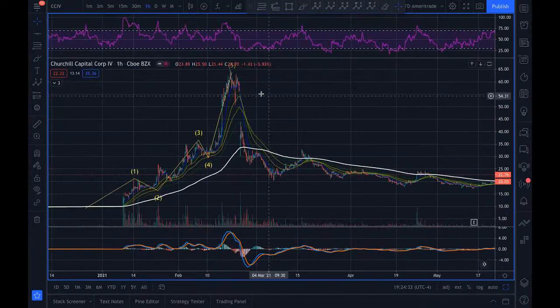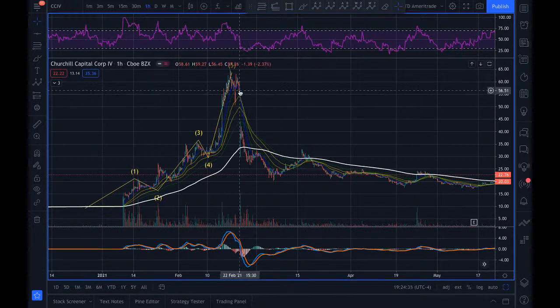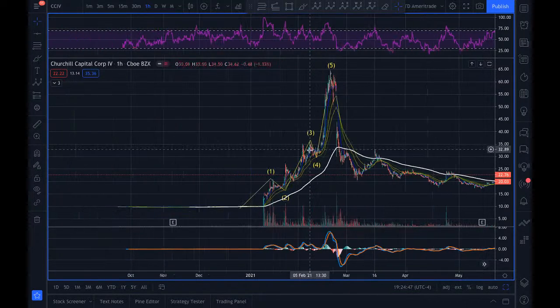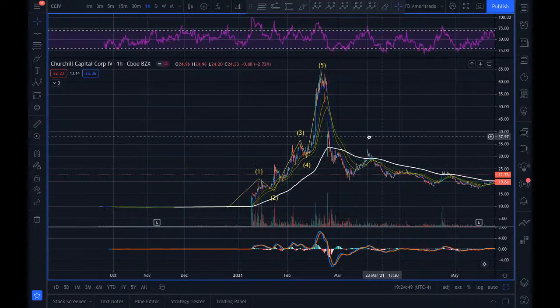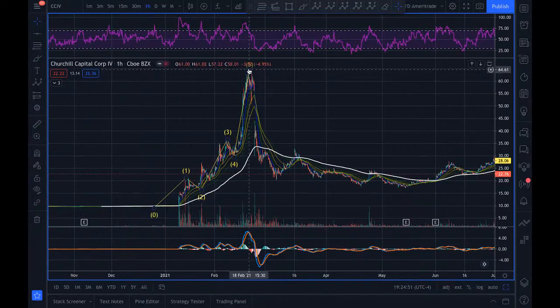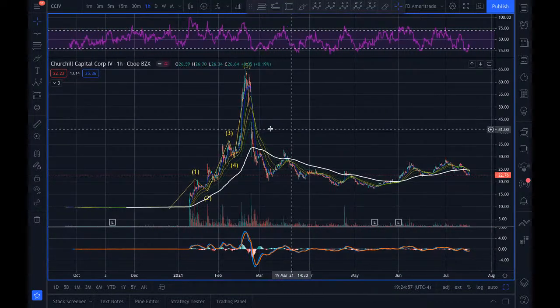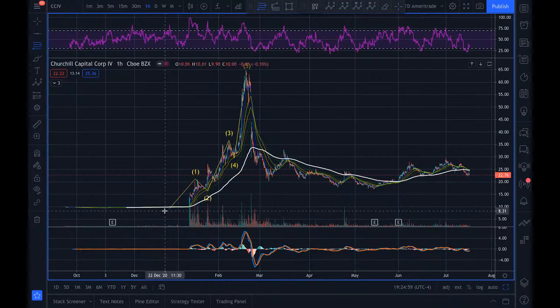You see where it came falling down and it just skipped that whole area and just crashed down. That is crazy. That would have been a nice short at the very top in hindsight. Okay, so let's do a Fibonacci retracement.